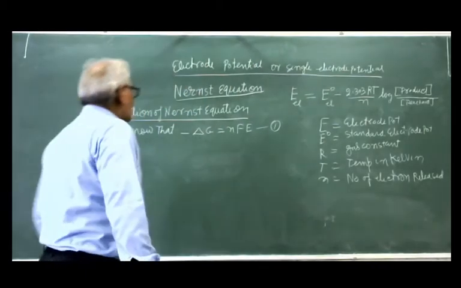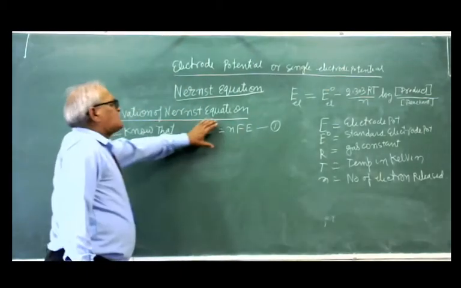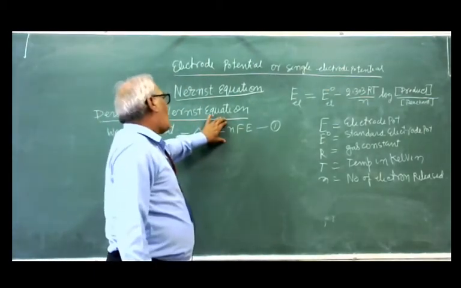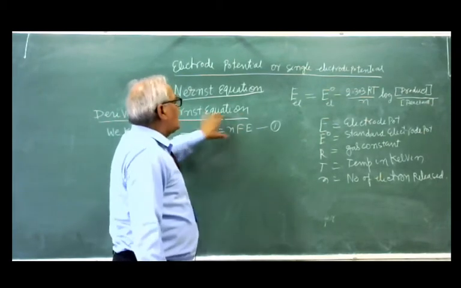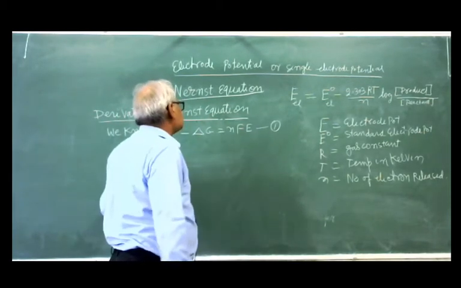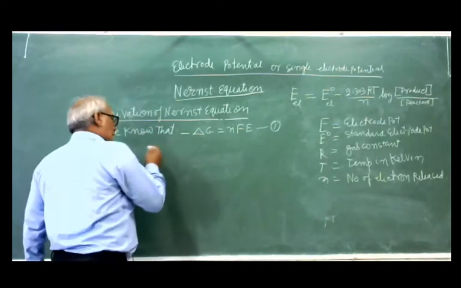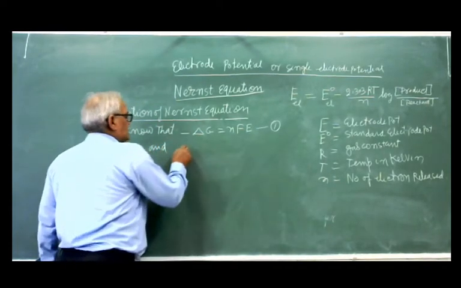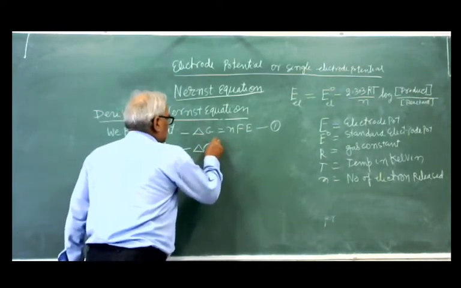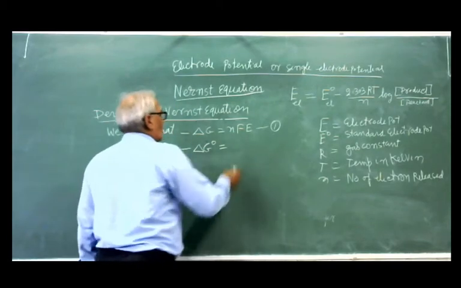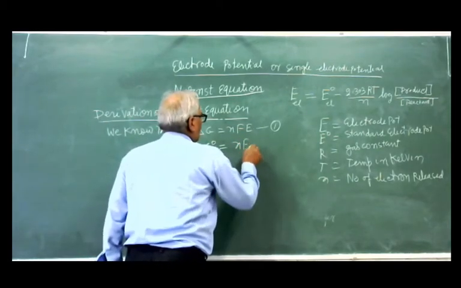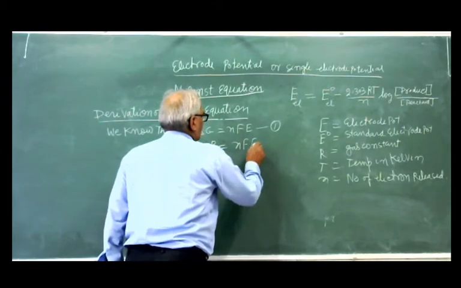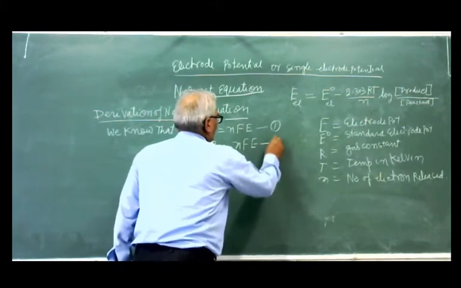So just see here, this is the general formula of the chemical energy and electrical energy. And we can say minus delta G0 is equal to nFE0. Equation number 2.